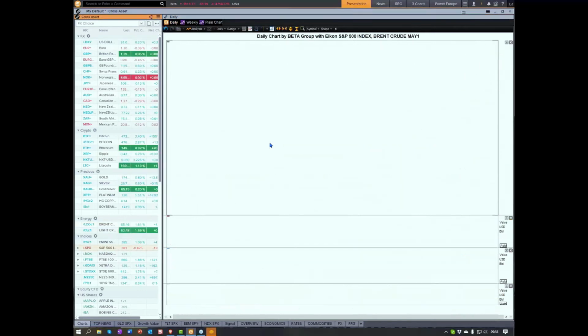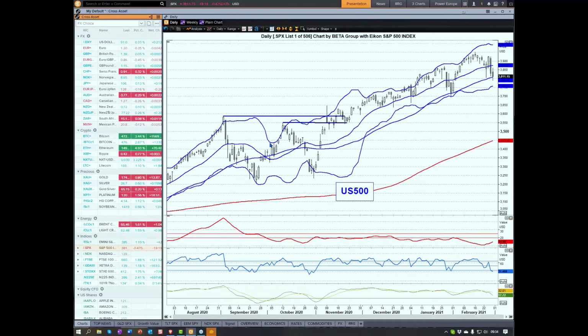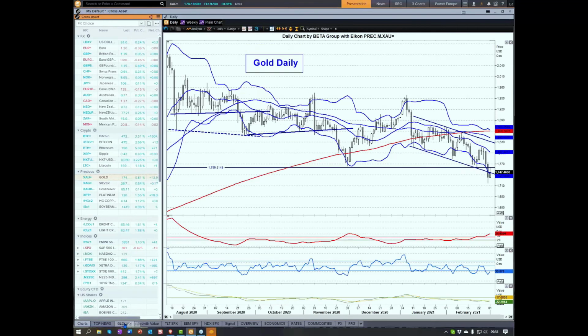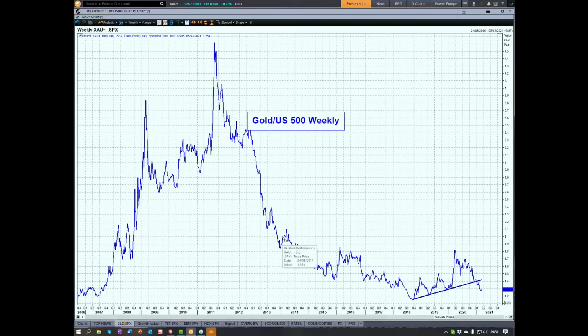Okay, moving to the stock market now. One thing, just going back to the gold, sorry to jump out of order, but I want to keep showing you this chart. This is gold versus the S&P. Is it better to put my money into the stock market or gold? It's going down as it is doing now.